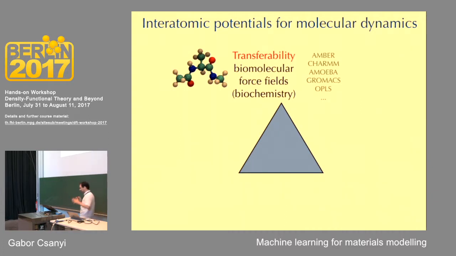I want to broaden out a bit and talk about all the different ways that people have thought about force fields, because I think machine learning will bring them together. The first type many of you will have heard of are biomolecular force fields. In fact, they are the ones who use the words force field most often. Here are some examples: Amber, CHARMM, AMOEBA, GROMACS, and so on. And they are very good within the domain of application, with very good transferability. So you fit them to gas phase molecules and very short peptides, so pairs of amino acids, triplets perhaps, and then you use them to simulate entire proteins.